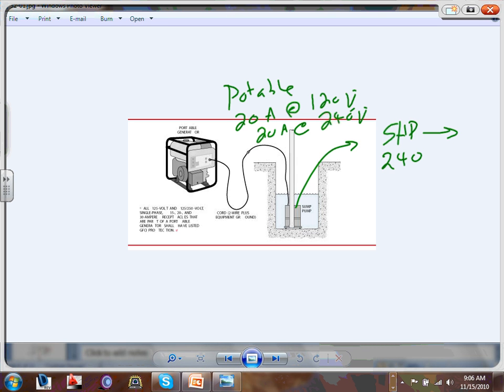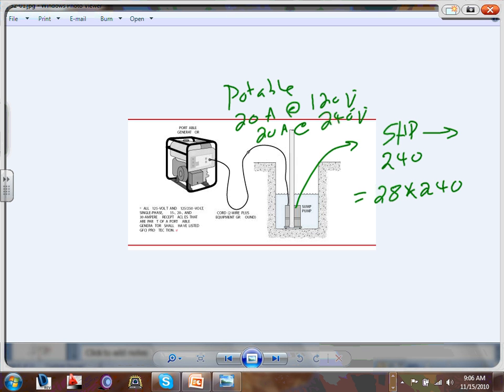Sounds like 28, single-phase 240. 28 times 240.